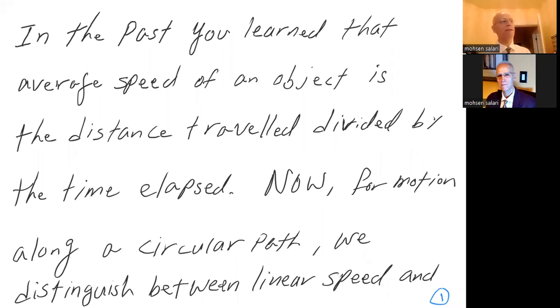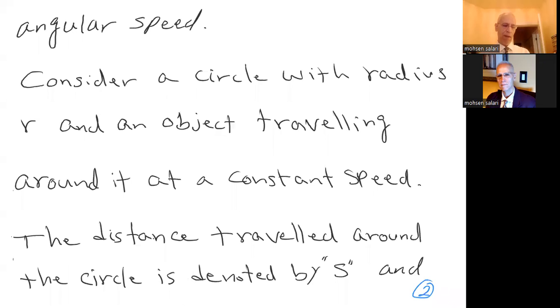So in the past, we learned that average speed of an object is the distance traveled divided by the time elapsed. Now for motion along the circular path, we distinguish between linear speed and angular speed.